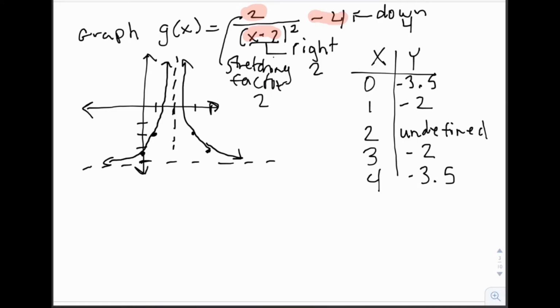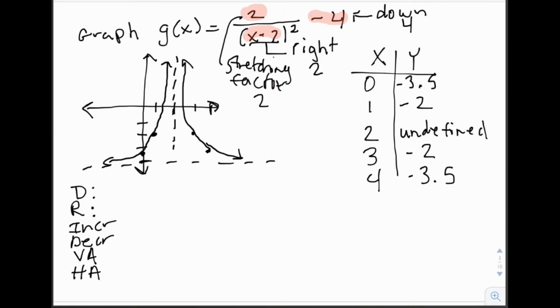So we can summarize that information: we'll find our domain, our range, our interval of increasing, our interval of decreasing, and then last a vertical asymptote and a horizontal asymptote.